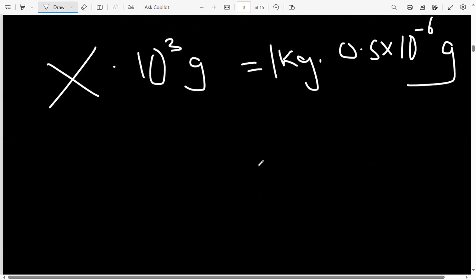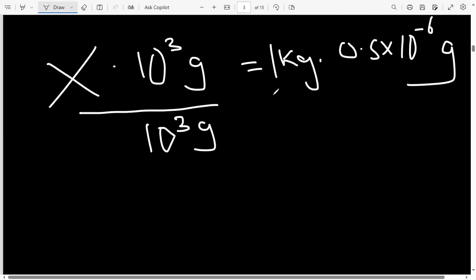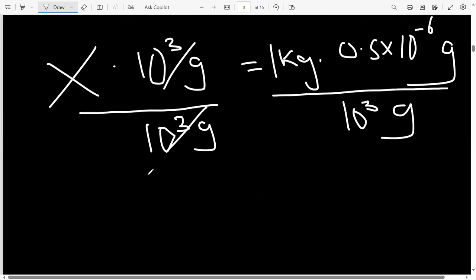And we want to find this value of x. So we are going to divide both sides by what? 10 to the power 3 grams. Even this side, we are going to divide by 10 to the power 3 grams. So this will cancel with this, so we're remaining with x is equal to, and this gram is going to cancel with this gram.